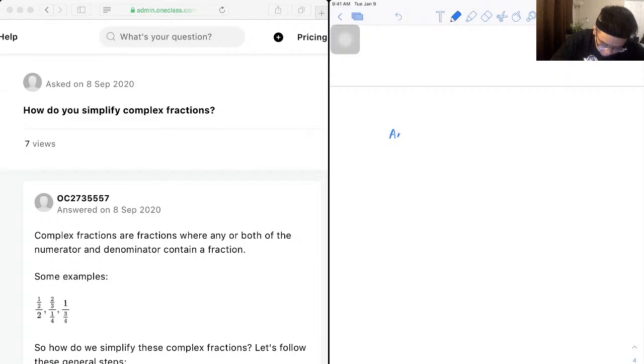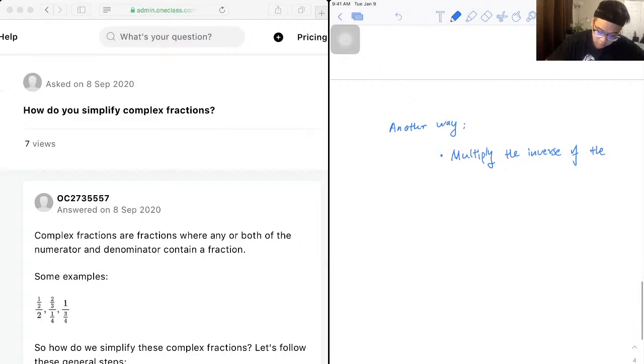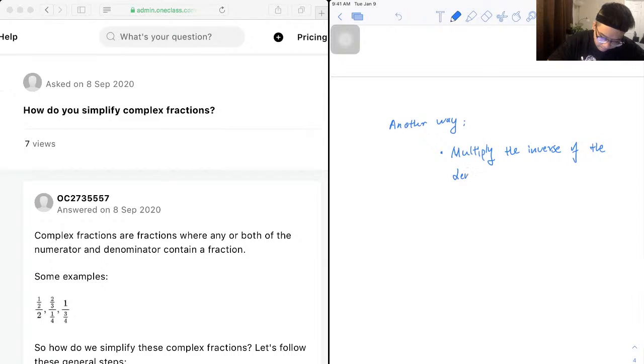So another way, we need to multiply the inverse of the denominator to the numerator.